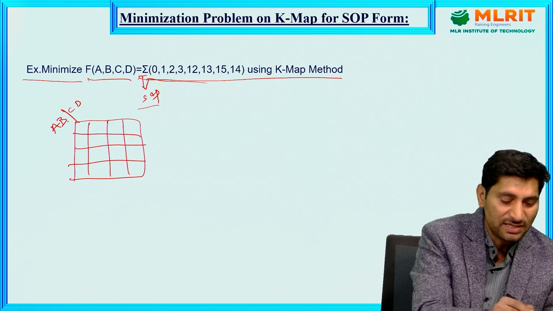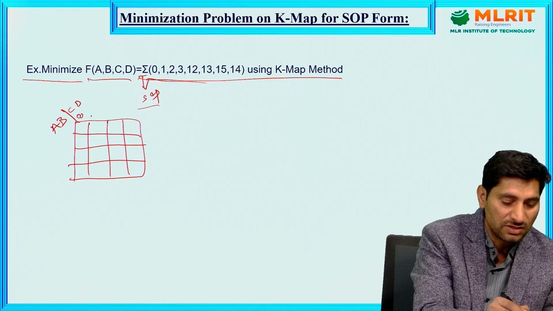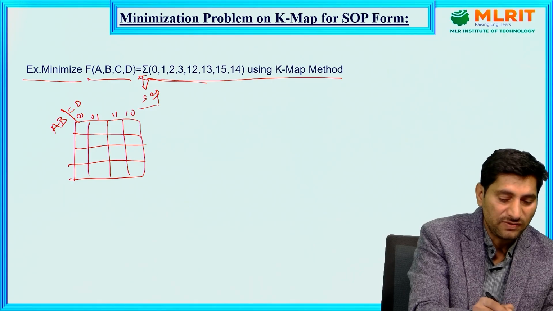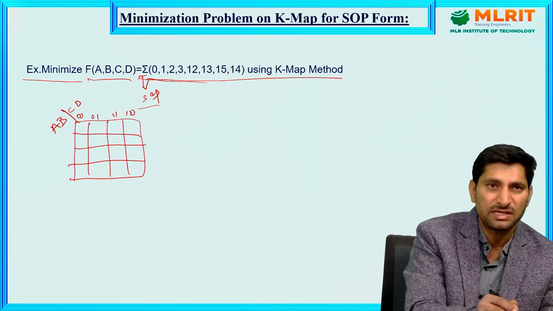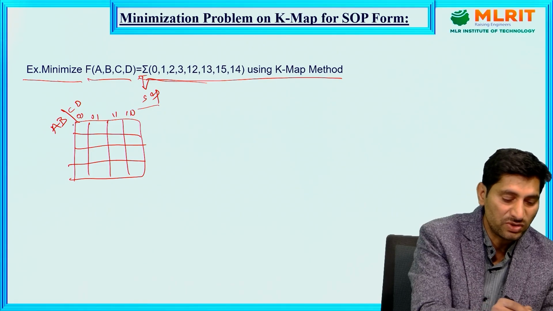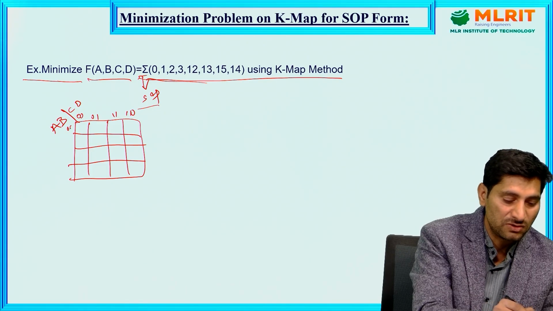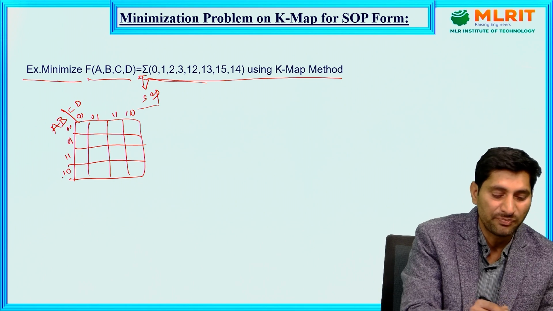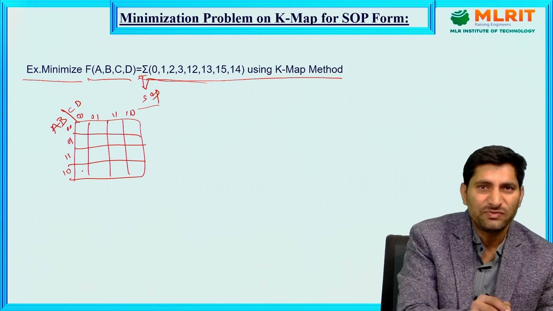Using AB and CD, I can denote 00, 01, 11, 10. As we know from previous sessions, this is the representation of K-maps, how to represent these cells using rows and columns.